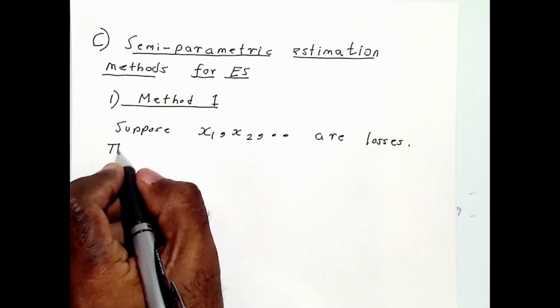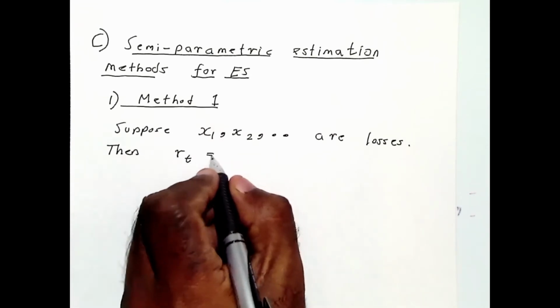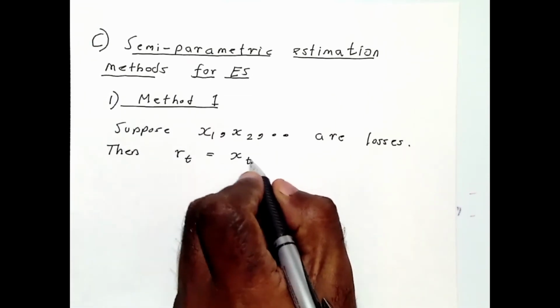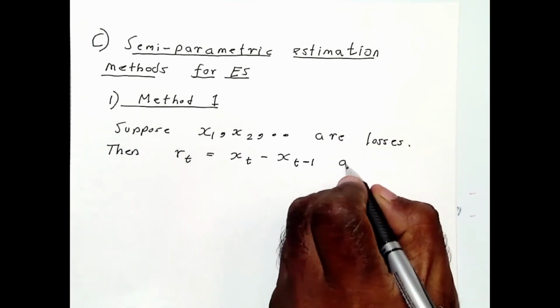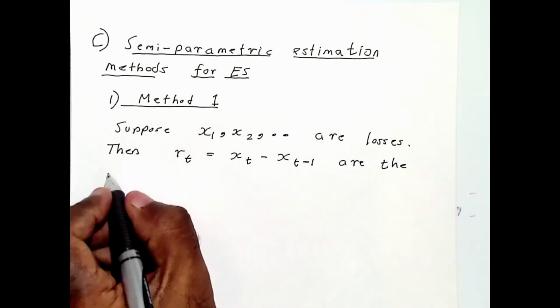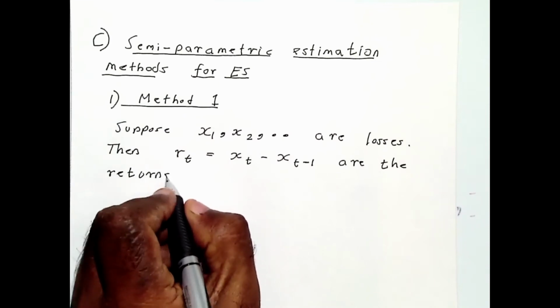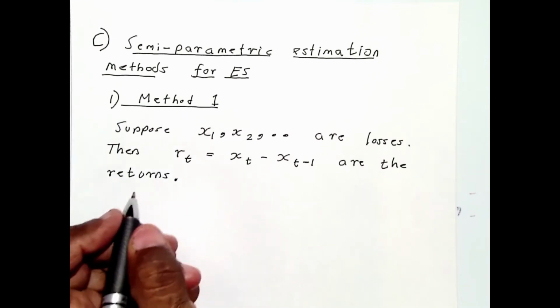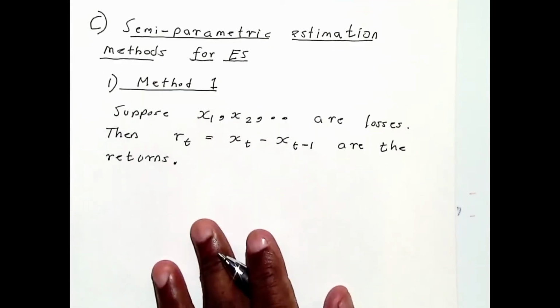Then R_t defined by this, right, are the returns. All right? I'm sure you know that. So this is the definition of a return, right?